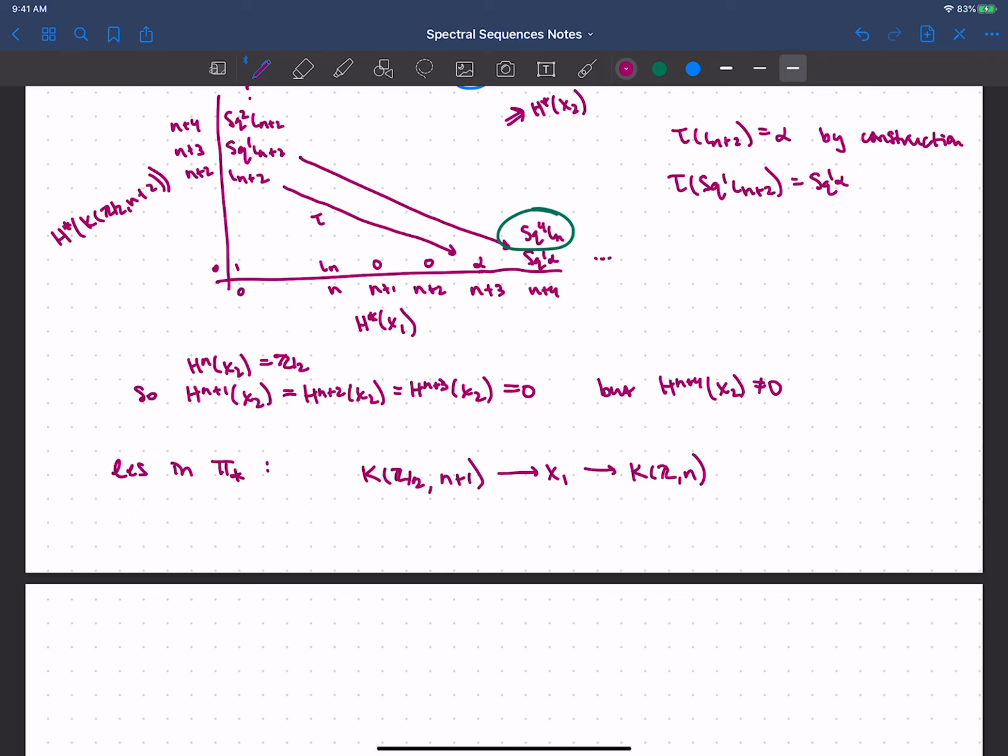Okay, so in particular, running that long exact sequence is going to tell me that pi_{n+2} of X1 is the same as, sorry, it's pi_{n+3} of X1 is 0. Pi_{n+1} was Z mod 2, you may recall.